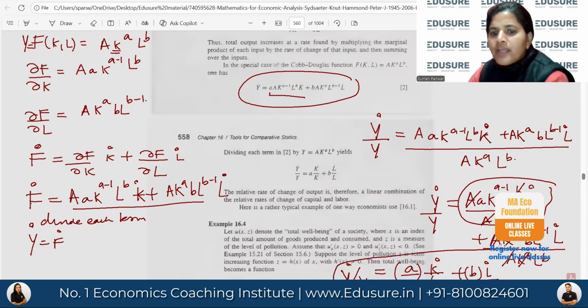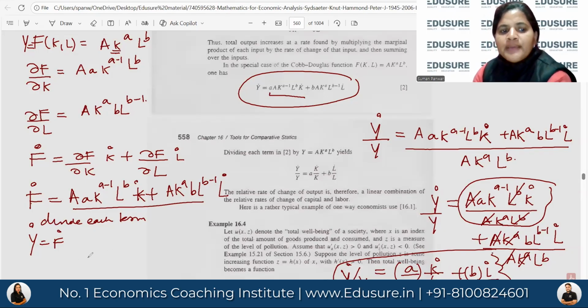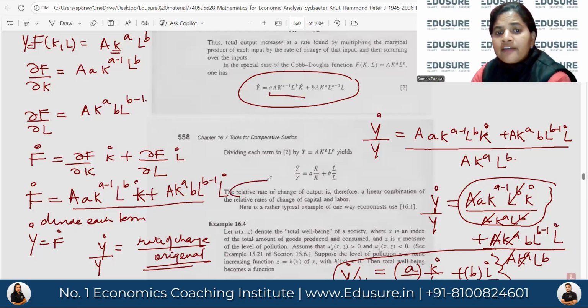This is a beautiful expression, very easy to remember. So what is basically y dot by y? y dot means rate of change divided by original. So this is nothing but the relative rate of change of output. So the relative rate of change of output is a times the relative rate of change of capital plus b times the relative rate of change of labor.